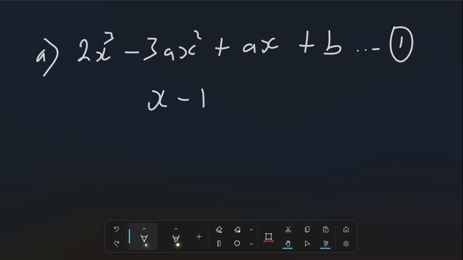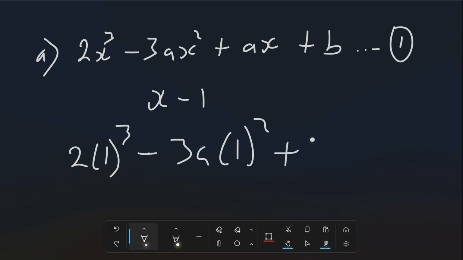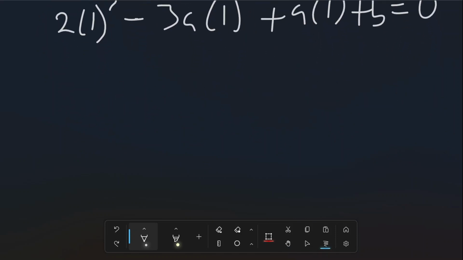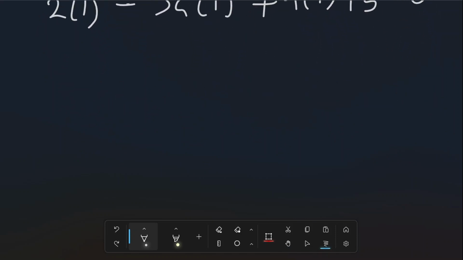So through that logic, we have 2 times 1 cubed minus 3a times 1 squared plus a times 1 plus b. This should be equal to 0, right? This is the factor theorem. If you evaluate this in your free time, please do.